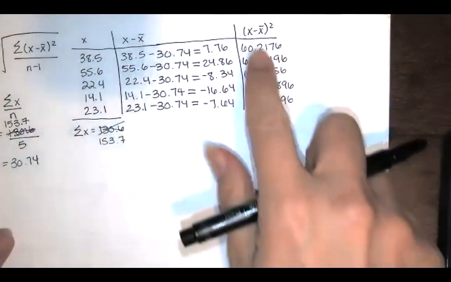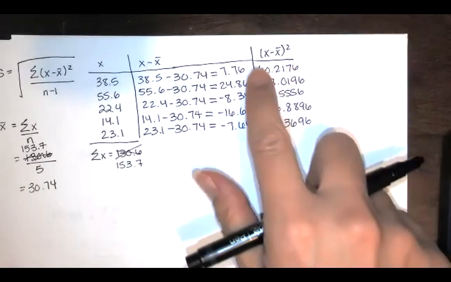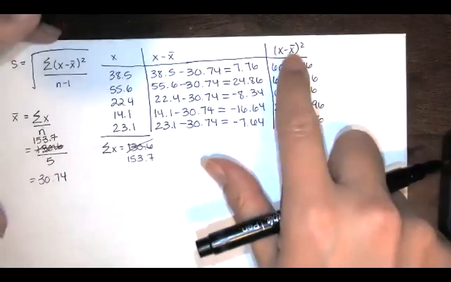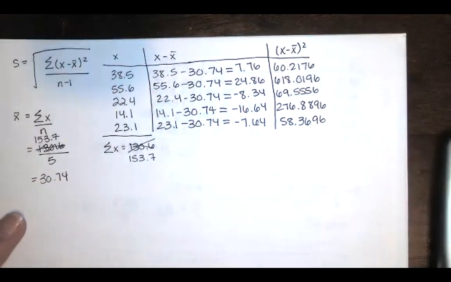Okay, so that's x minus x bar, so it's each value minus the mean squared. And now we want to add all of those up.